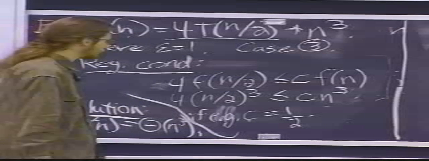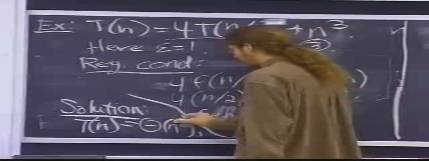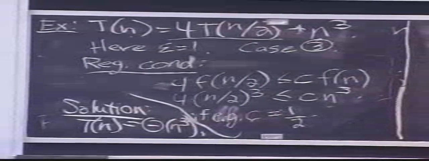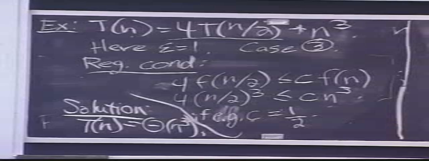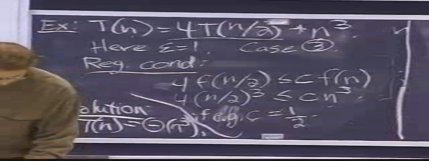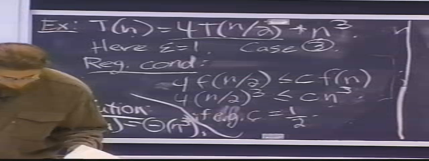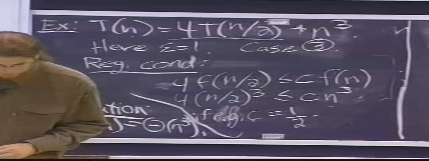But still, the master method is easy. And when the master method works, it's a great tool because it solves things instantly. Let me give you some of the intuition behind the master method and what's going on. I wanted to do one more example quickly.